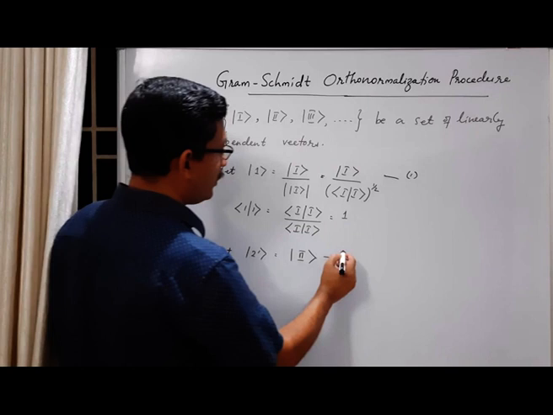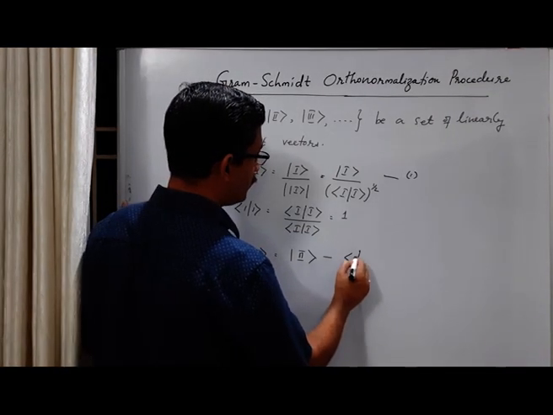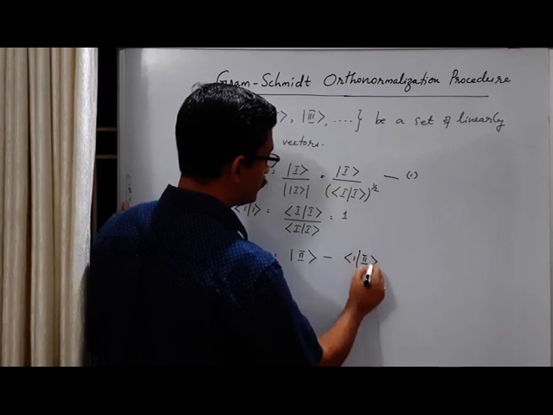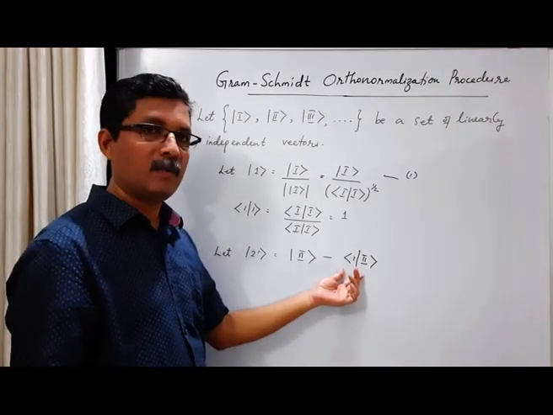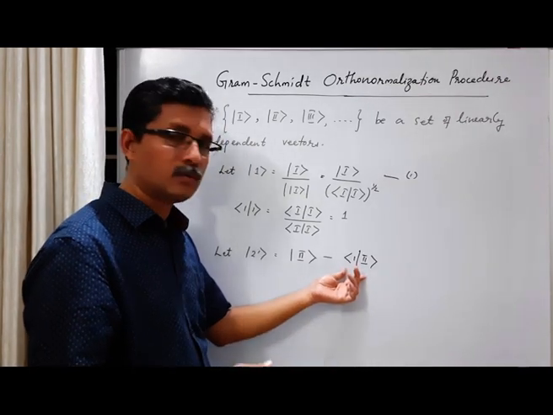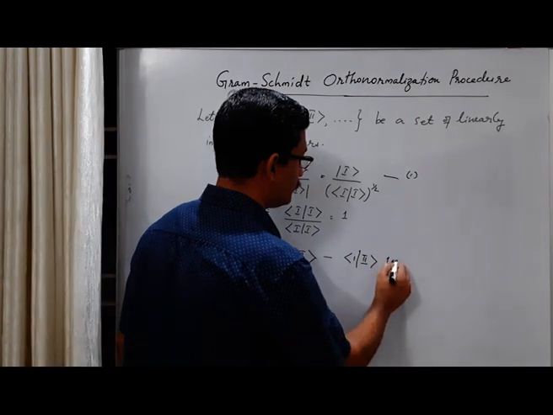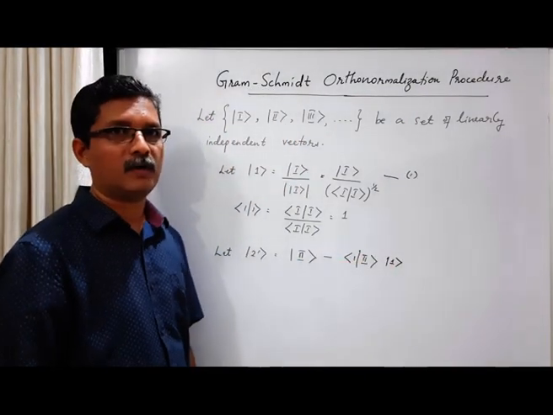So we take the inner product of ket 1 with ket 2. This is the component along the direction 1, but this is a vector, so you have to get the vector also. This is only the magnitude, and what is the vector? It's ket 1. The direction is decided by the unit vector along this one, which is ket 1.